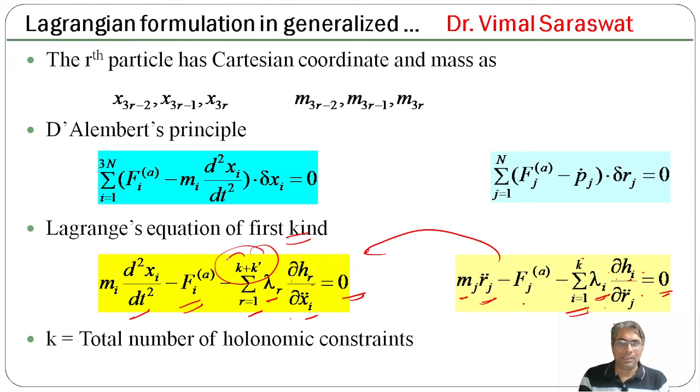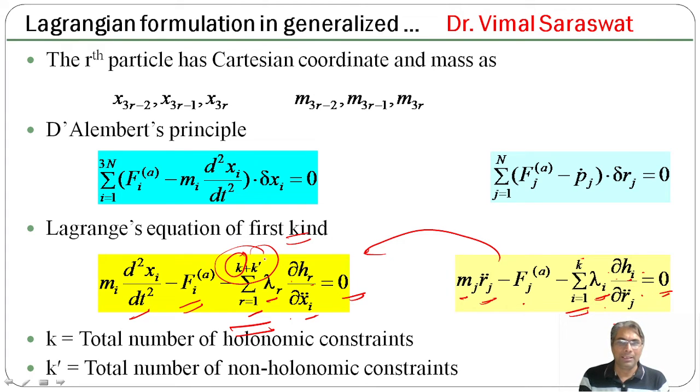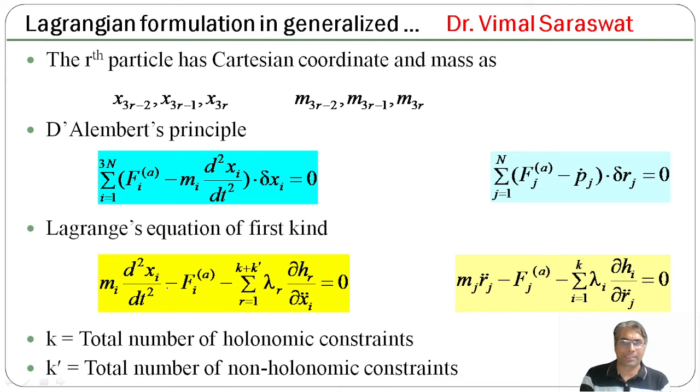Here, this k is the total number of holonomic constraints, and this k dash is the total number of non-holonomic constraints. So, the Lagrangian equation of first kind will be this one.